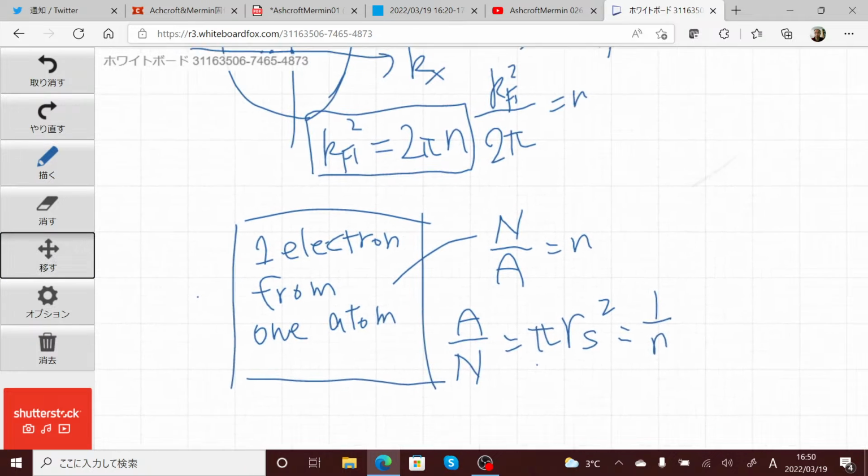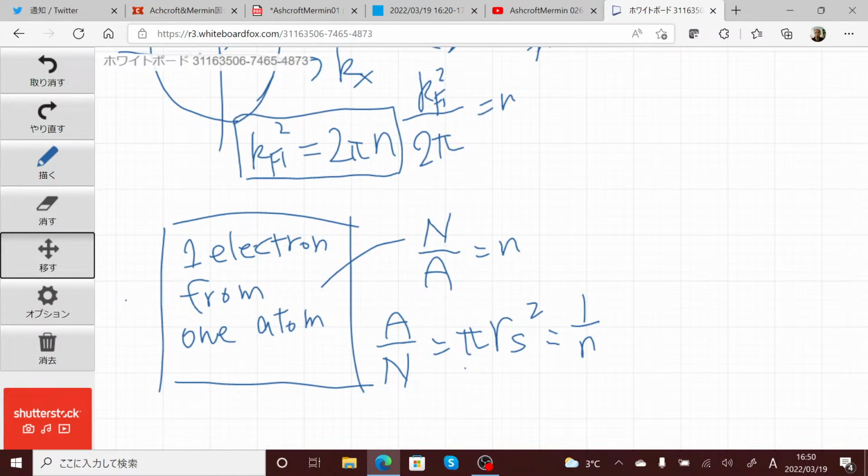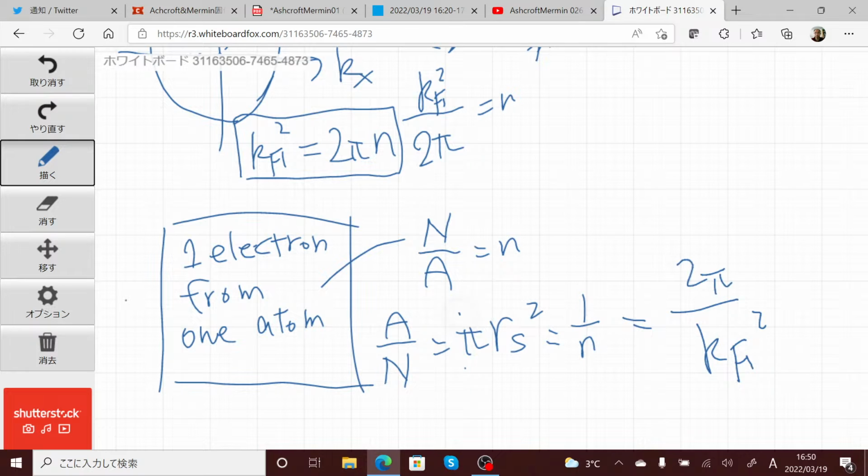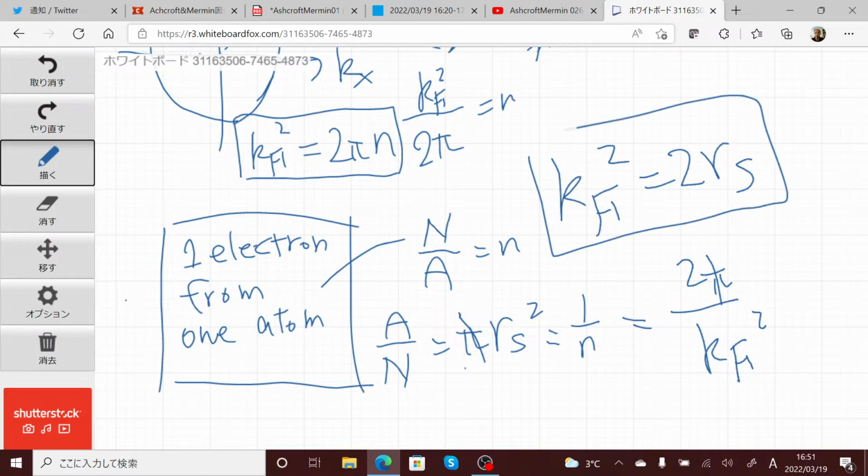So what is the relation? This is Kf squared over 2 pi. We can cancel pi. Kf squared is 2 over rs squared.